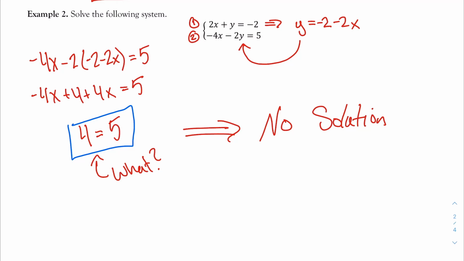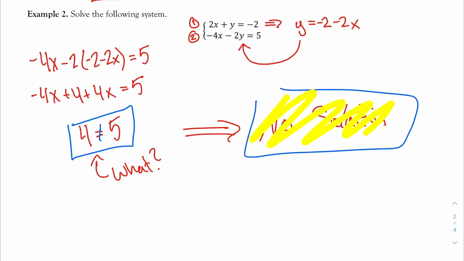Since 4 is obviously not equal to negative 5, that means, first off, I couldn't solve for x or y. And secondly, this means that I have no solution. There is no way for me to solve for x or y. So this is example 2.